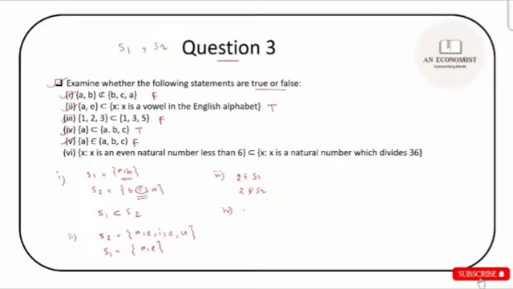Because suppose you consider an interval a to b, then you say that all the elements in between a and b are not included, right? But here this is not an interval, this is a set, and this particular set {A, B, C} has only 3 elements, which are A, B and C. But here this is not an element, this is a set.